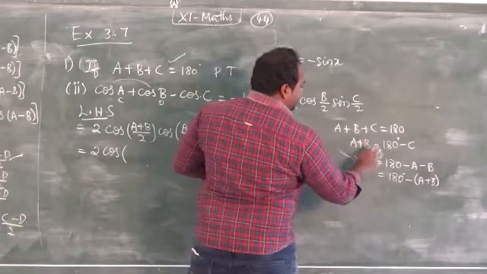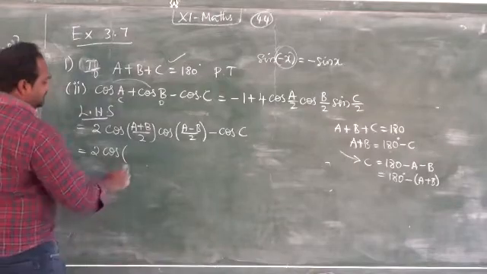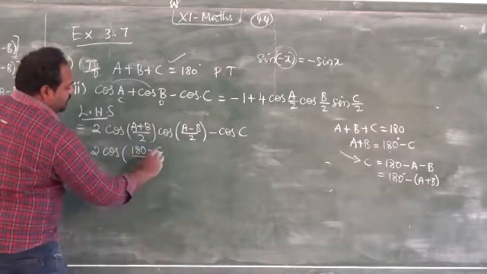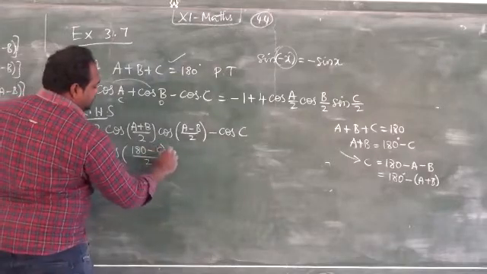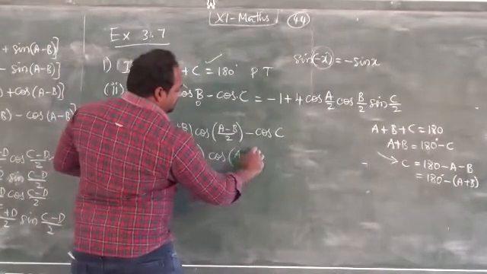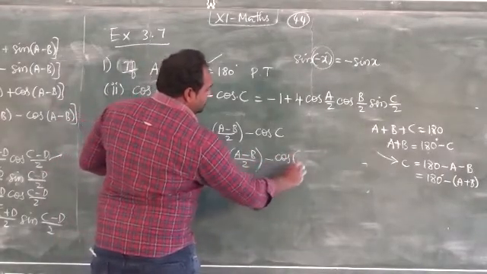A plus B can be written as 180 minus C. So instead of A plus B, I can write 180 minus C, cos of A minus B by 2 minus cos C.